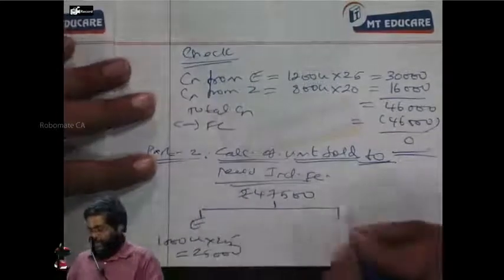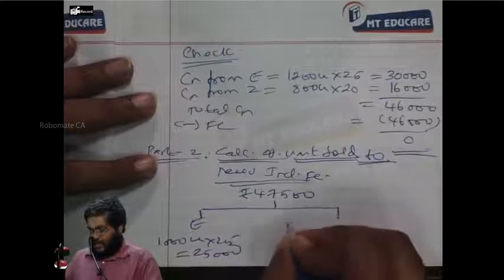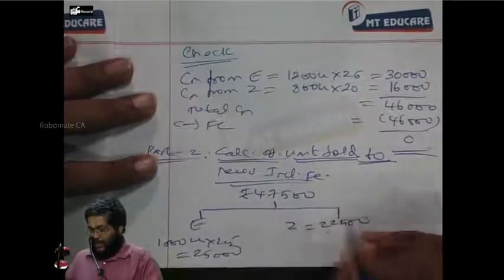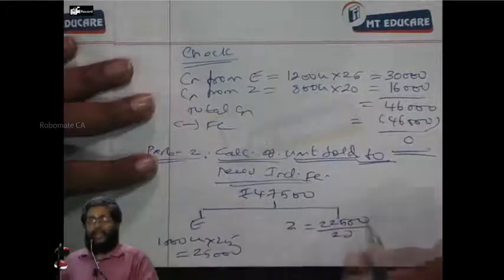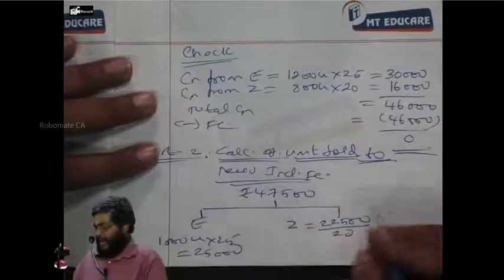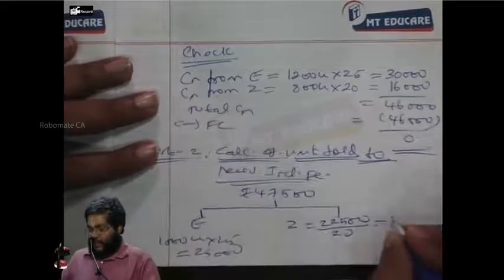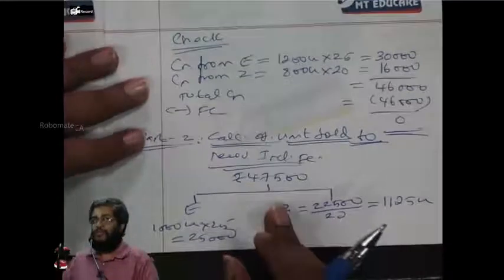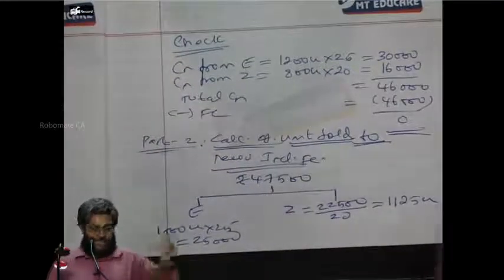Tell me what is the balance? I said it's going to be Z. 20,500 rupees has to be recovered. What is the contribution? 20. Tell me the number of units. 1,125 units. Before you conclude, you should check one thing.